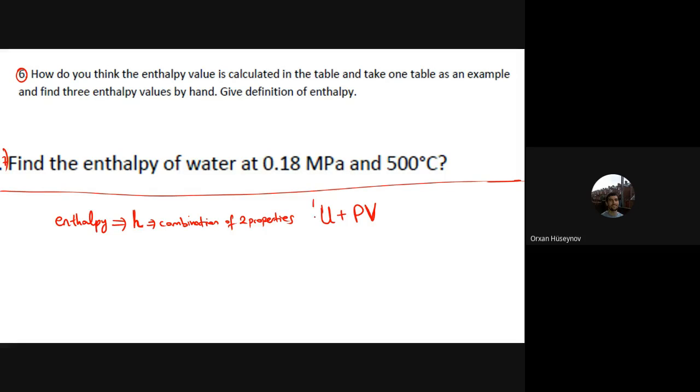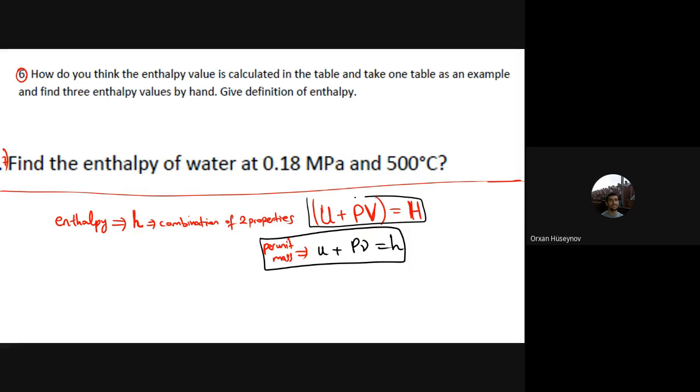This one we call enthalpy. For lowercase letters, per unit mass, if you divide each term by the mass, it will be u, plus the volume per mass, which is nu, and this one divided by mass is h. So per unit mass, it is enthalpy, and for the general case, that is enthalpy.